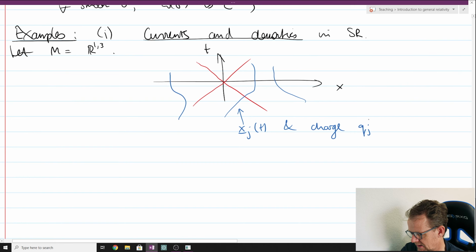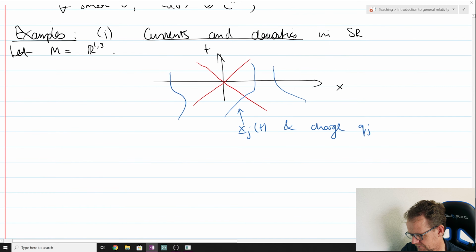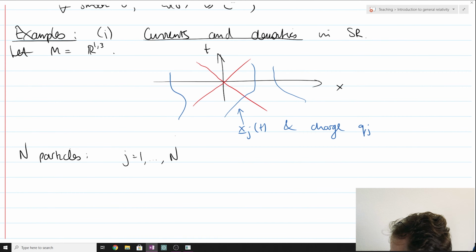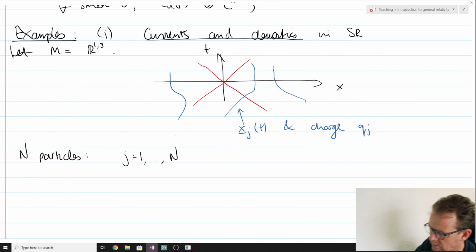So we have n particles and we're going to label them 1 through to capital N. They're moving around in spacetime, and we want to assess how many of them are in a certain location in spacetime, and where they are going.